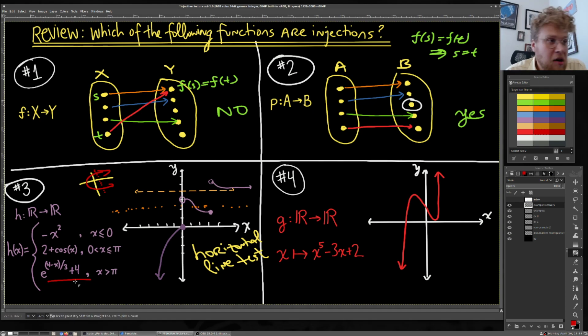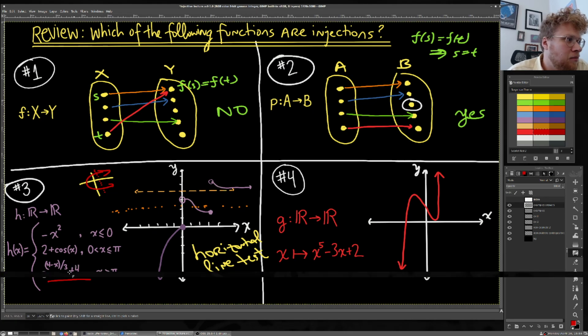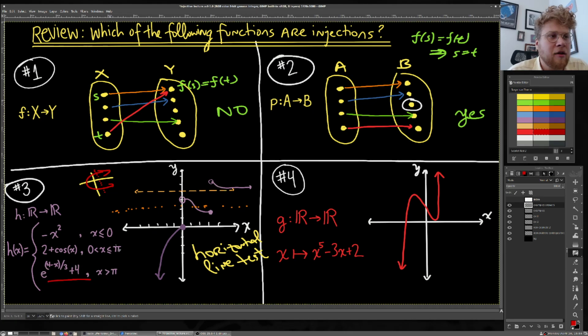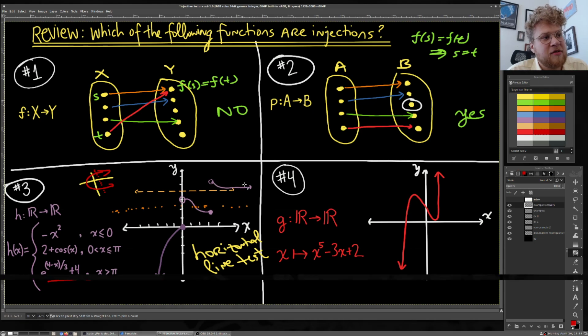Just looking ahead, not for this class, but for future classes, you could make an argument that because this is a monotone decreasing function that's always greater than 4, and it's actually strictly monotonically decreasing, all of these values will be distinct.